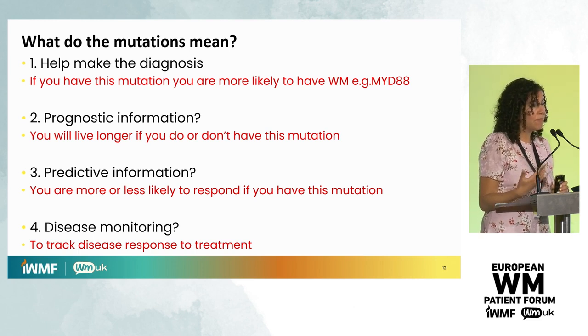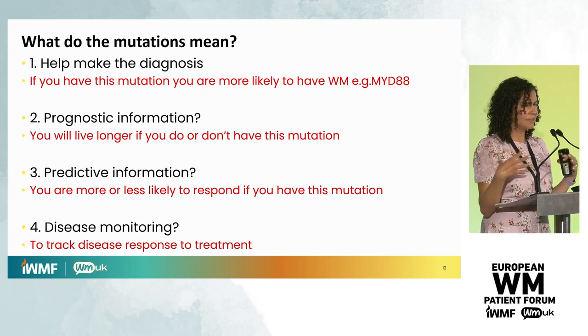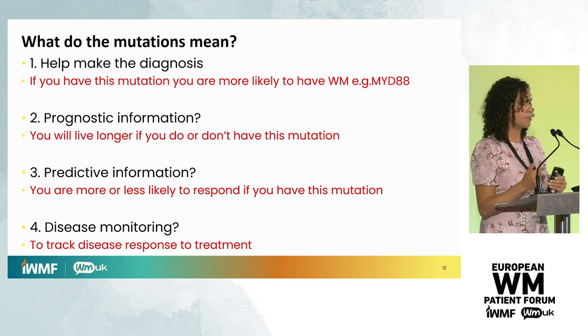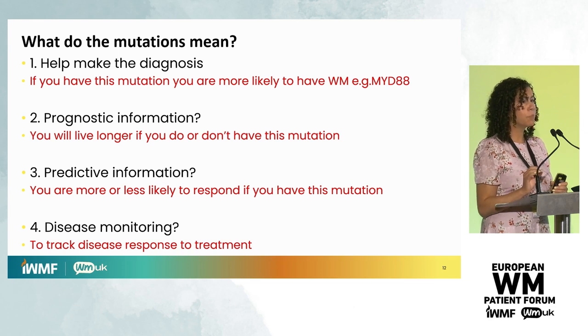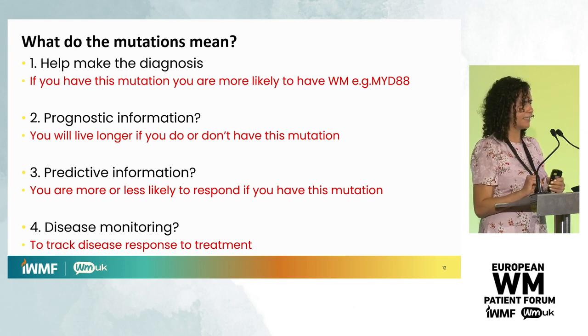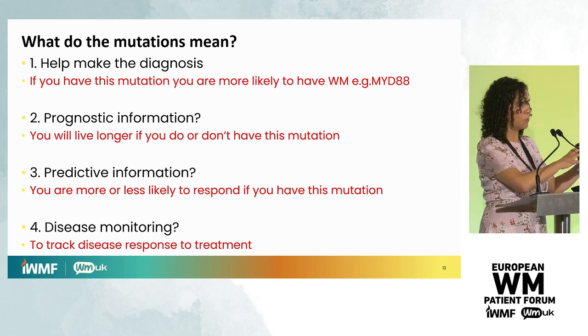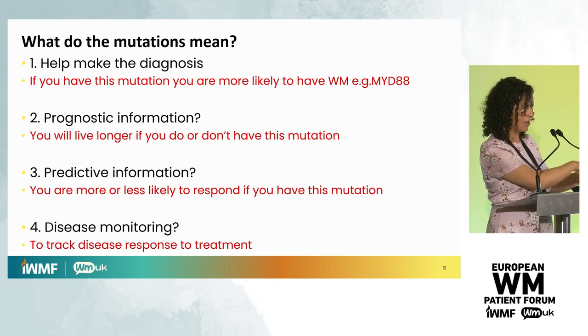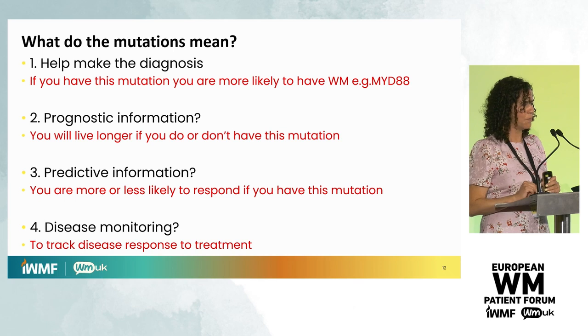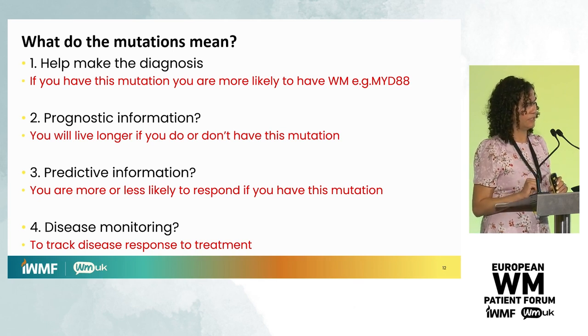Then what we hope in the future, as our treatment becomes more personalized to the patient, is that some of these mutations will give us what we call predictive information, that we can say, if you have a mutation in this gene, and this gene, then we know you're more likely to do better with this drug compared to if you have this combination, will you do better with this drug?